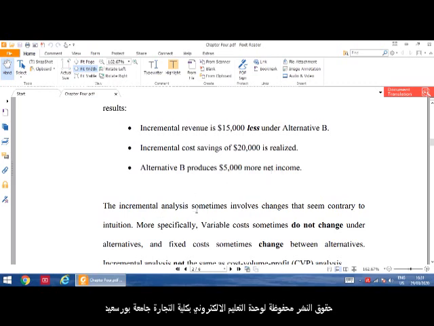Incremental analysis sometimes involves changes that seem contrary to intuition. More specifically, variable costs sometimes don't change under alternatives.